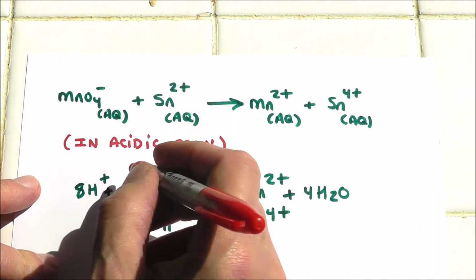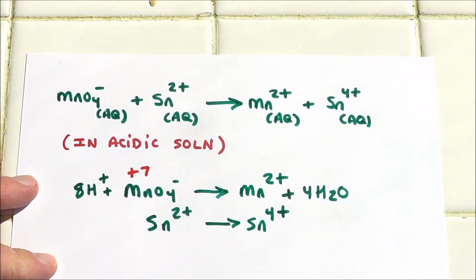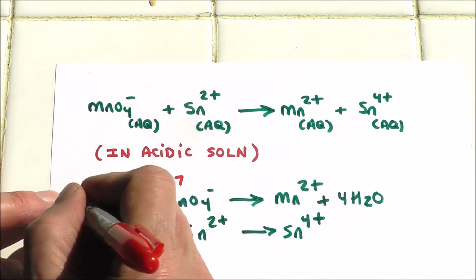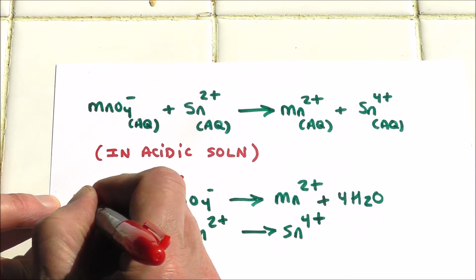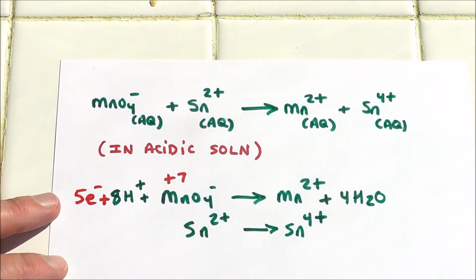So that is a charge on the left of +7. And then it's easy to see that on the right, that's a charge of 2+. So you got +7 on the left, +2 on the right. What we need is 5 electrons on the left.